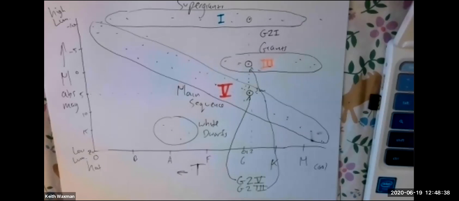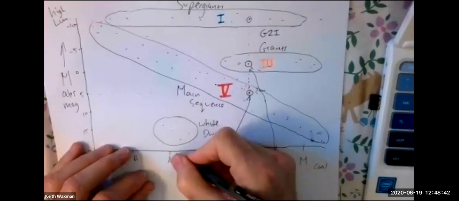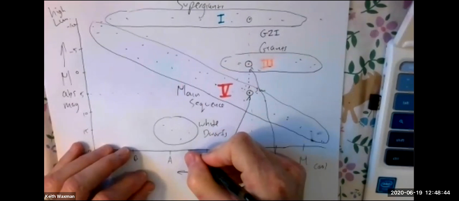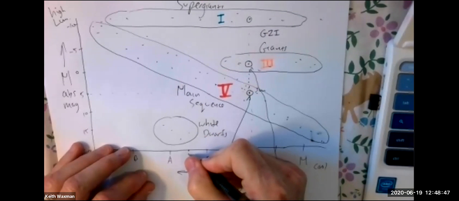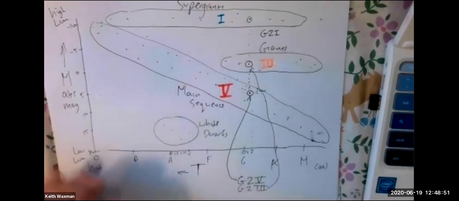I'd like you to know that, because at some point I might pick some stars out here. I might say there's an A5 star right over there. There's an A5, right? A 0, 1, 2, 3, 4, 5, something like that.